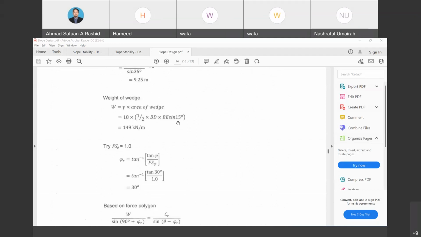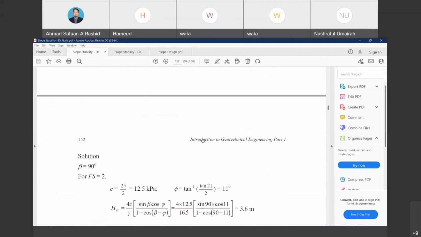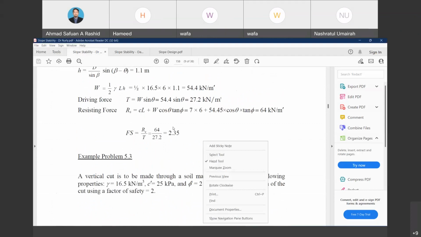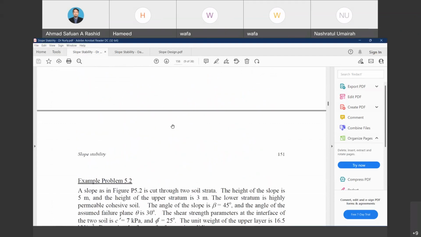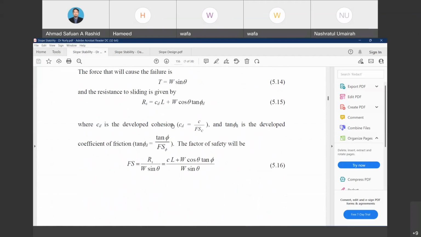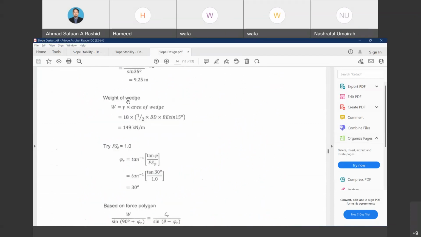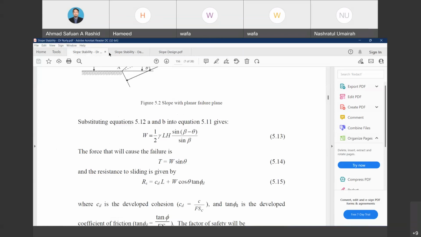Or you can use, is it the same? We look at the W. Try to look at this equation. Is it the same as the one shown in this example? I guess it's different.